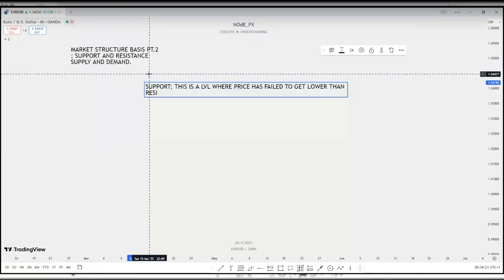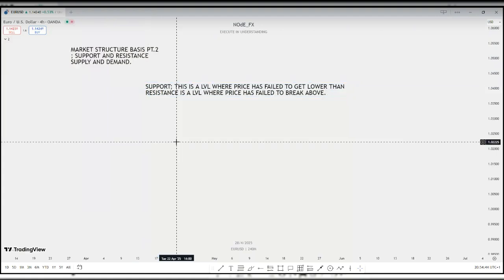Resistance is a level where price has failed to break above, right?